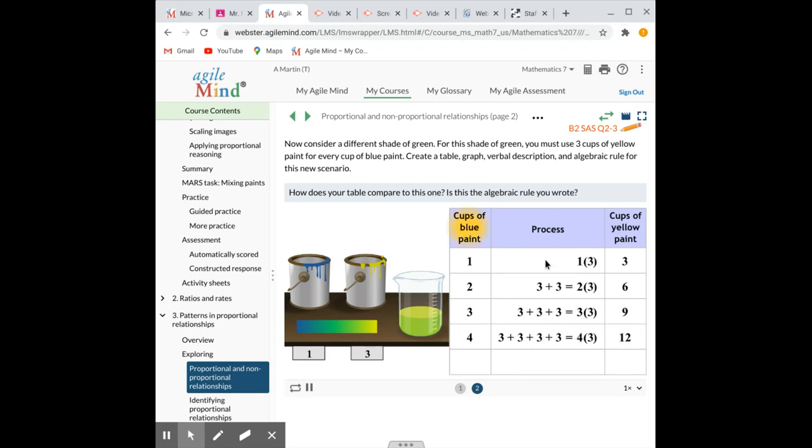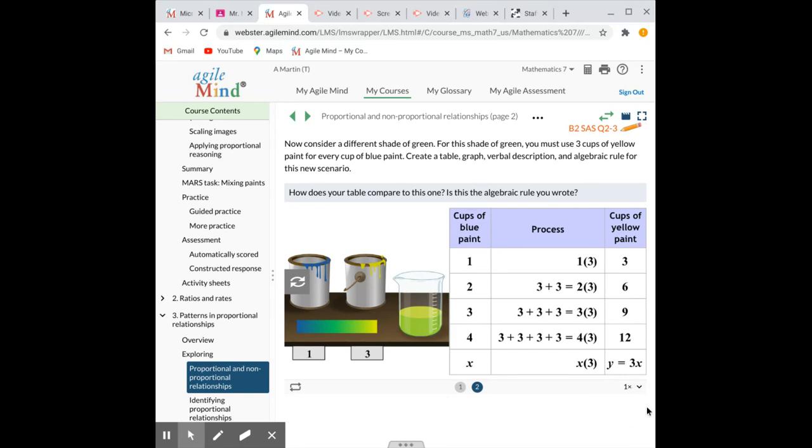All right. You did good. So what if we had x? What would we need to do with x to figure out the cups of yellow paint? I'm going to let one of them answer. We multiply by 3. It'll be 3x, and it will be y equals 3x. Perfect job.